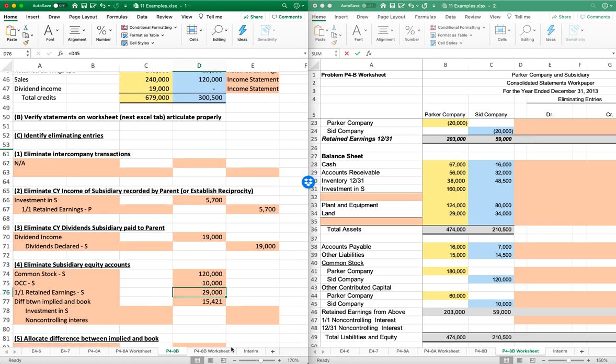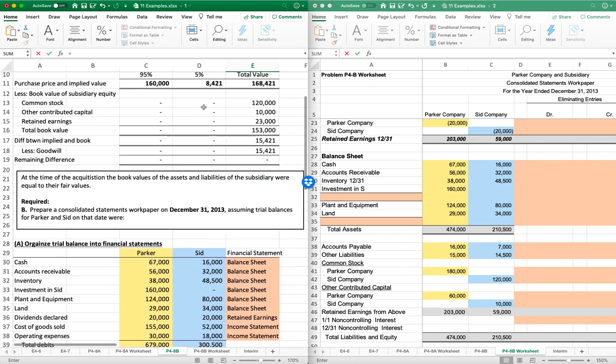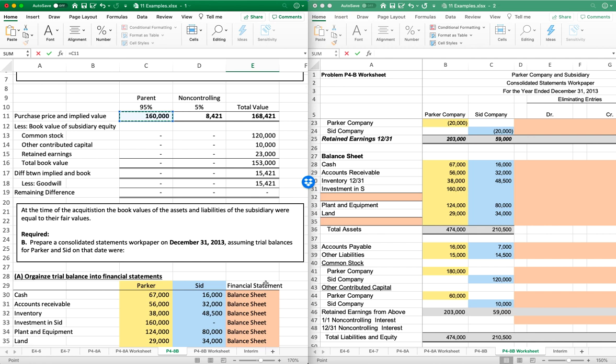Now, this number right here, as we already saw in our entry to establish reciprocity, is different from what it was on the date of acquisition. What we're going to do is take that incremental increase and allocate it between our investment in S and our non-controlling interest based on our ownership percentages. So as of the date of acquisition, our investment in S was $160,000.